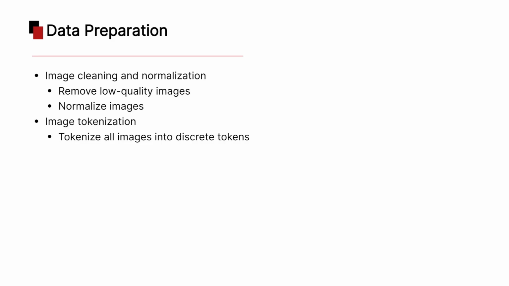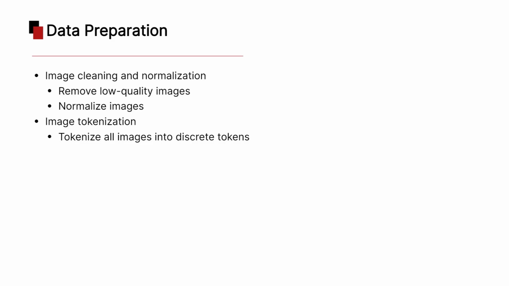After filtering, we normalize images so they all share consistent properties such as resolution, aspect ratio, and pixel value distribution. This ensures that the model does not have to learn to handle unnecessary variability in the raw input format. Next is image tokenization, a critical step for transformer-based generation.